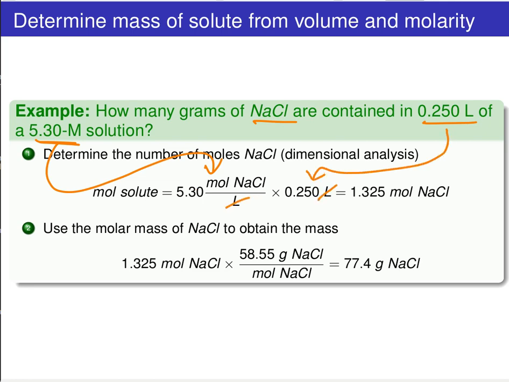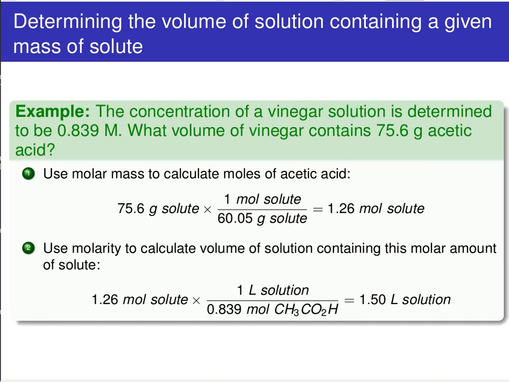Liters will cancel out, and we will be left with 1.325 moles of sodium chloride. Once we know the moles of sodium chloride, we can use the molar mass of sodium chloride, and multiplying by the molar mass gives us a final answer of 77.4 grams of sodium chloride. Okay, so solving a similar problem, but just essentially in the opposite direction.